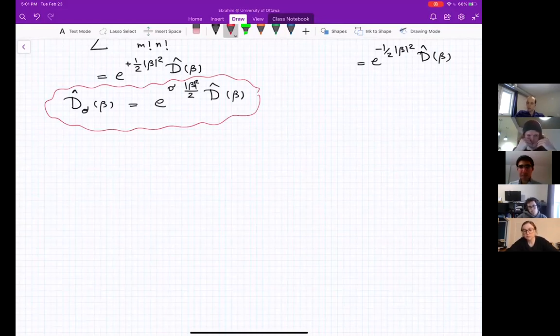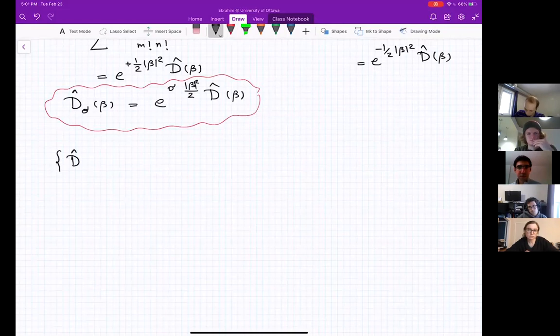So let me tell you what I mean, assuming that you have a set of displacement operators. I don't care whether it's sigma or not sigma, just call it the displacement operator. For the time being, we are only dealing with the symmetric way.